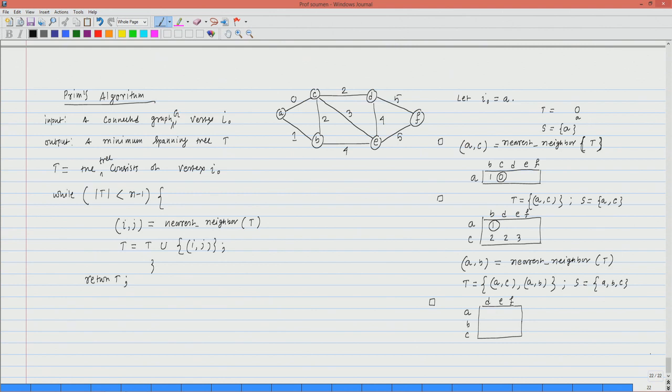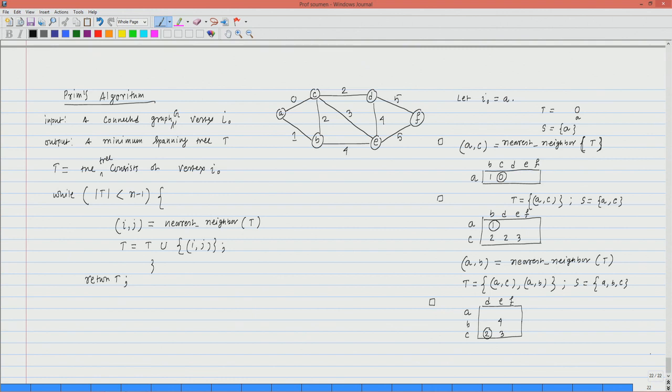A is not adjacent to B, E and F. B is adjacent to E and the weight is 4. Similarly, C is adjacent to D and the weight is 2, and C is adjacent to E and the weight is 3, and the minimum one is this one.